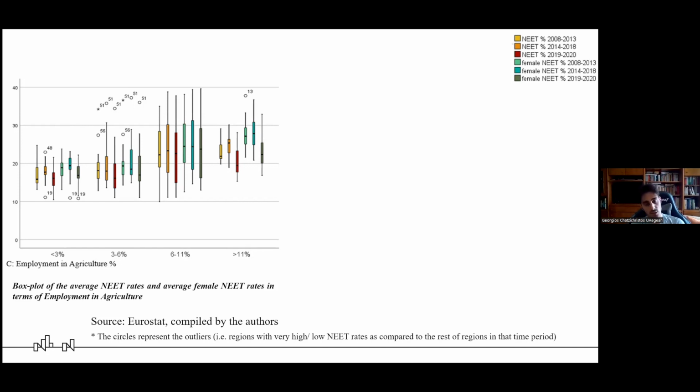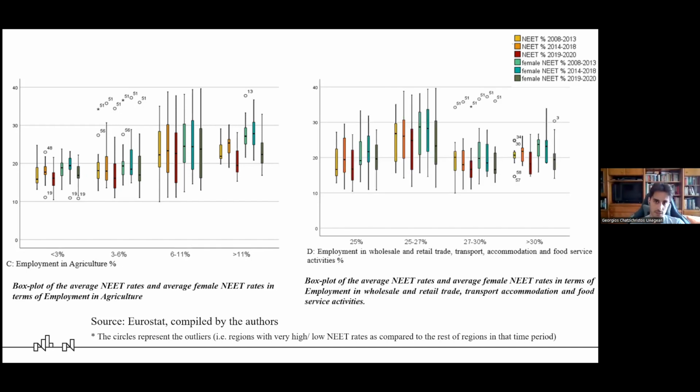And this also feeds back to insularity, because many European islands, many of those insular regions, have a strong agricultural sector, which makes them less resilient in economic crisis and generates youth unemployment.